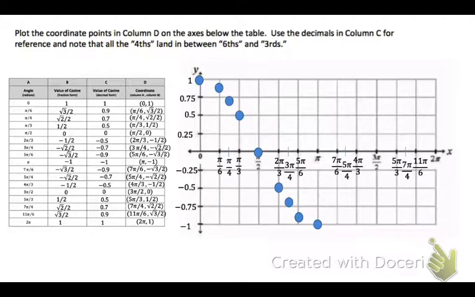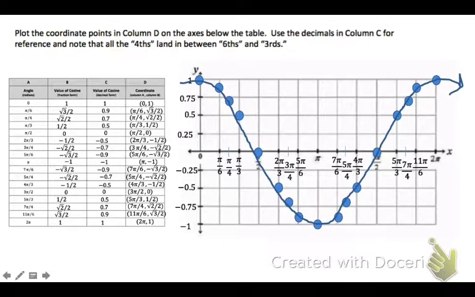And then 7 pi over 6, that's negative square root of 3 over 2. 5 pi over 4 is negative square root of 2 over 2. 4 pi over 3 is negative 1/2. 3 pi over 2 is 0. And then 5 pi over 3 is 1/2. 7 pi over 4 is about 0.7 or square root of 2 over 2. 11 pi over 6 is the square root of 3 over 2. And then 2 pi is 1.